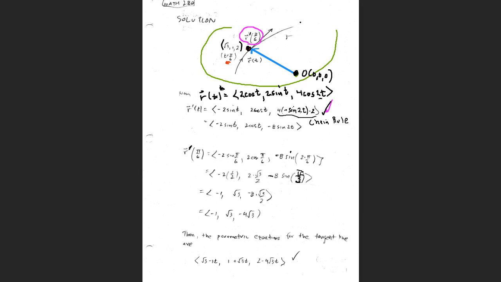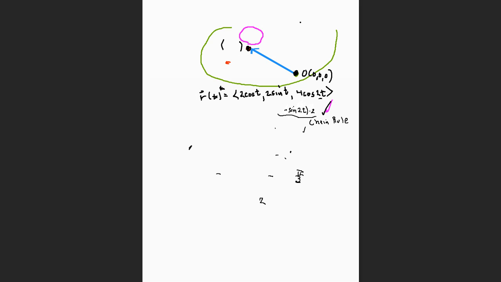You're welcome. And so we end up with this derivative vector, and now we put in pi over 6 everywhere. Now WebAssign wants simplified radical form answers, not decimals. All right, the sine of 30 degrees is a half.